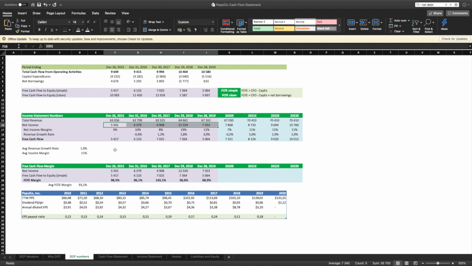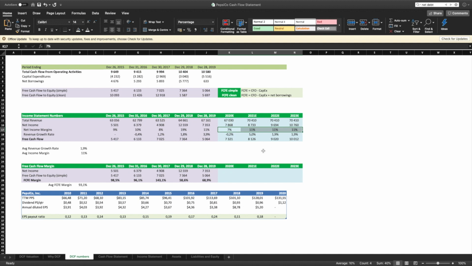We can calculate the net income margin, which is basically the net income divided by the total revenue right here. And if we take the average of the net income margin for the past 5 years, we arrive at a number of 11%. We're simply going to use that number for the coming 4 years.